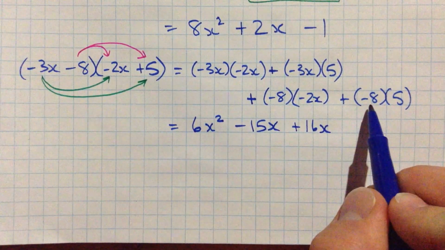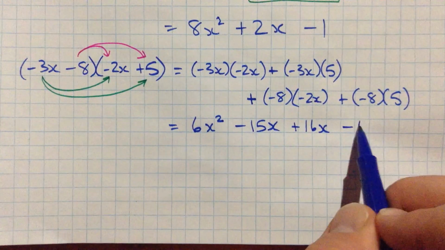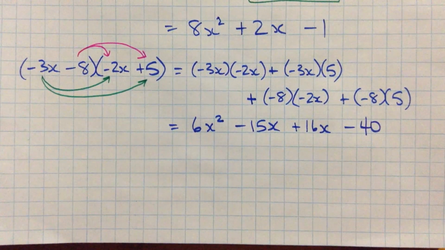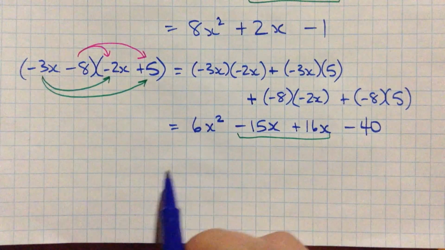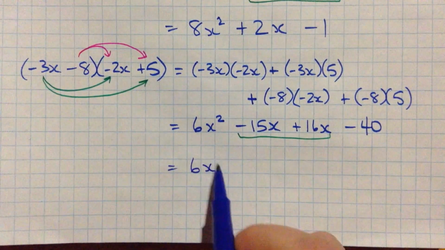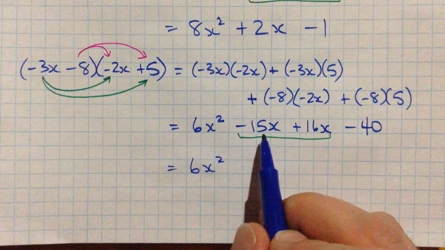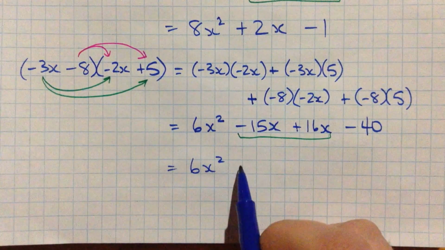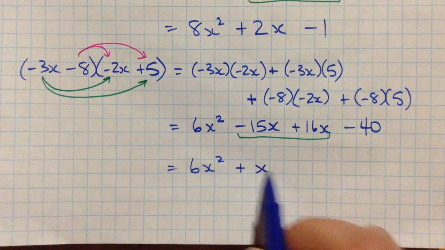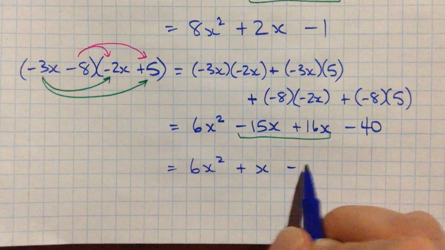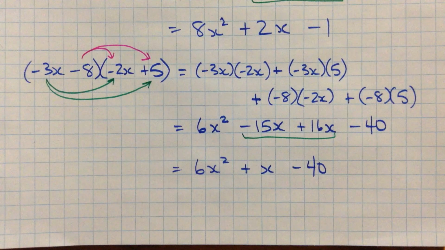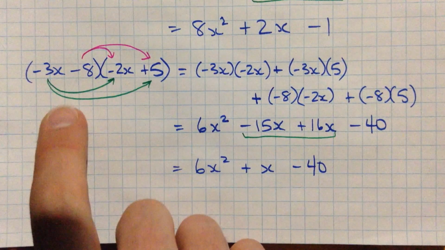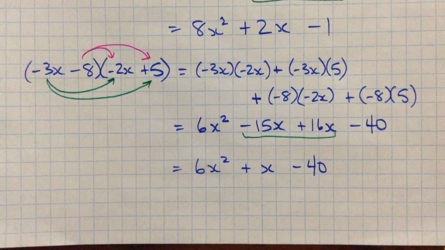And the last term is negative 40. Let's simplify right here by collecting like terms. 6x squared minus 15 plus 16, the net effect there is plus 1x or plus x, and minus 40. And so there we have the binomial expansion for binomials which have leading coefficients that are not 1.